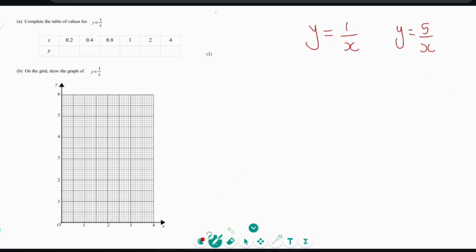So let's fill in our table. 1 over 4, 1 over 2, 1 over 1, 1 divided by 0.8, 1 divided by 0.4, 1 divided by 0.2.